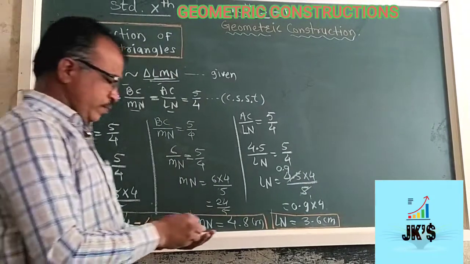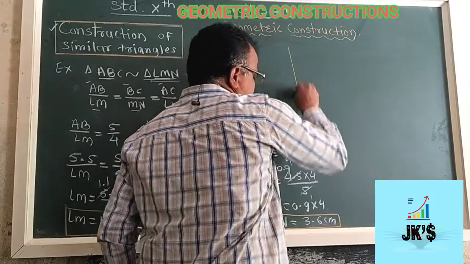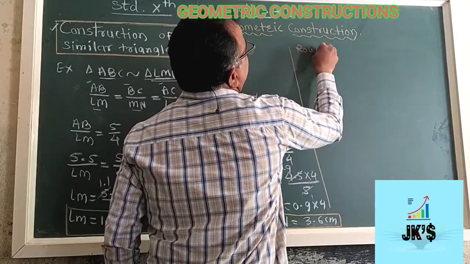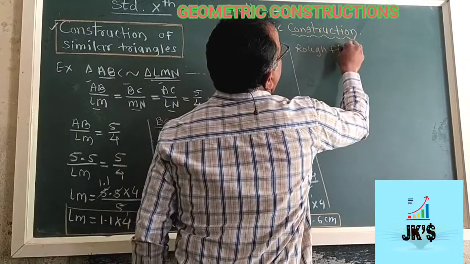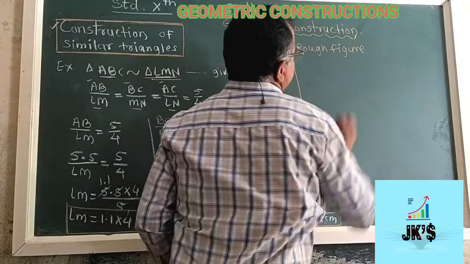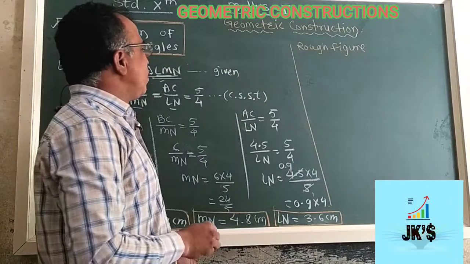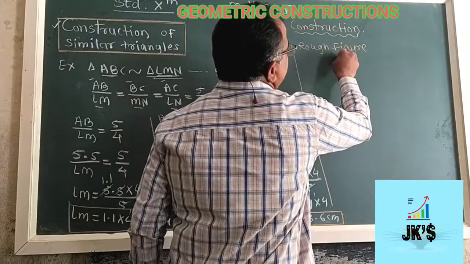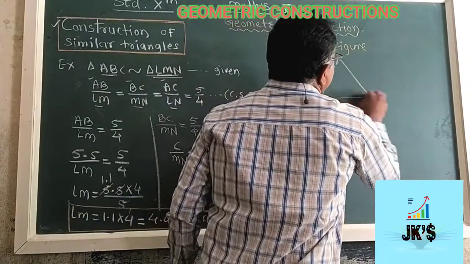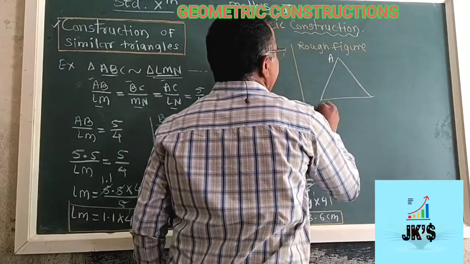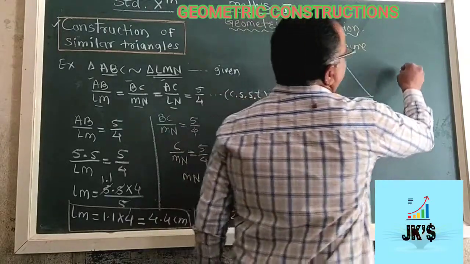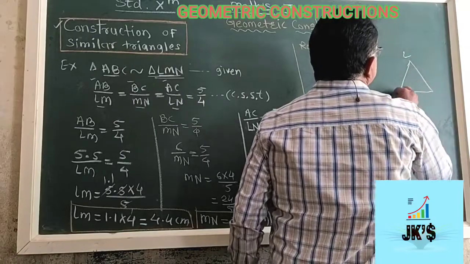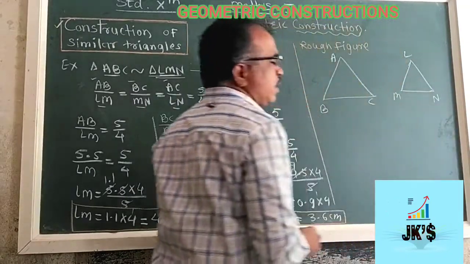Okay. Now, the next point is to draw the rough figure. For the rough figure, friends, we have to draw randomly the given two triangles and give names to them. Suppose this is our triangle ABC, and this is another smaller triangle, LMN.